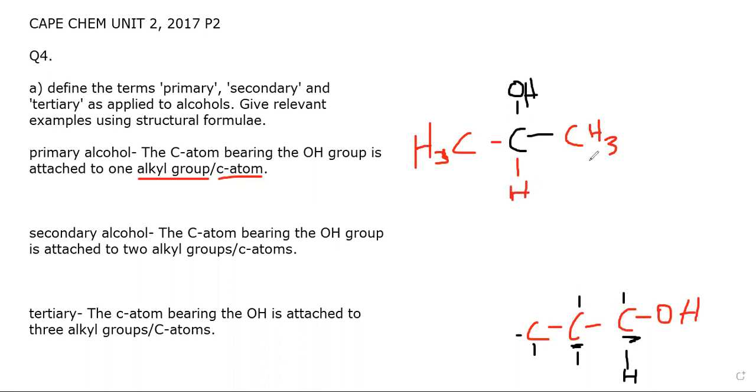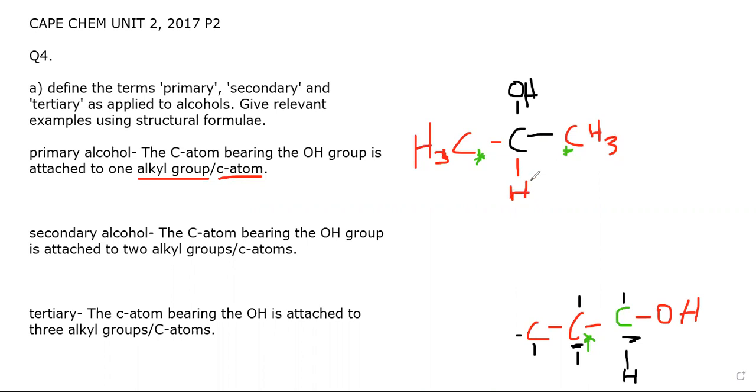Notice the carbon atom with the OH group. Let me use a different color. See if I can just erase the carbon itself. So the carbon atom attached to the OH is only touching one carbon atom, which is this one. But this carbon atom here is touching this carbon, and it is also in contact with this carbon. So when that happens, it's a secondary alcohol.